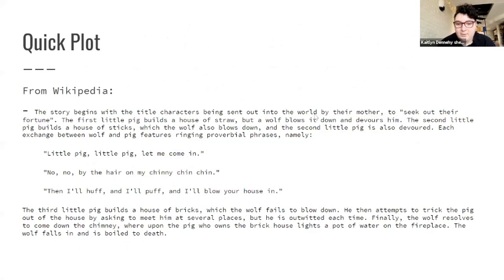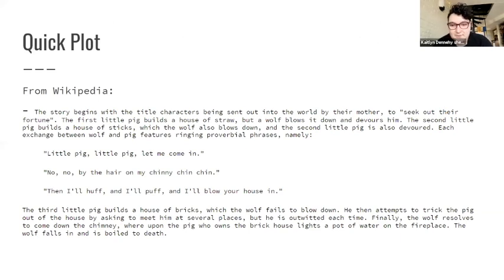So a quick plot description of Three Little Pigs is written out here. This is just to get you familiar. If you don't remember the story, it begins with the characters being sent into the world by their mother to seek out fortune. The first little pig builds a house out of straw, the wolf blows it down, and in some versions eats the pig. The second little pig builds a house of sticks, which the wolf blows down. The second pig is also eaten.